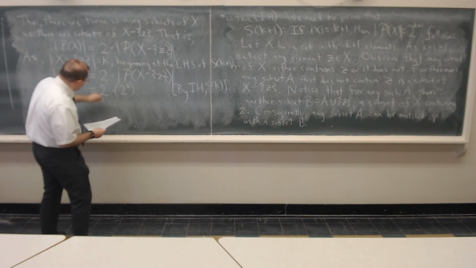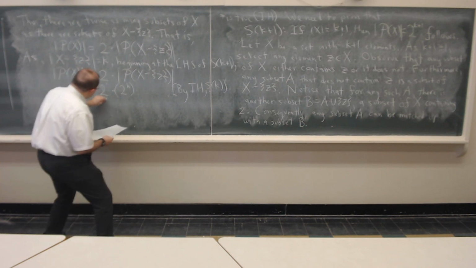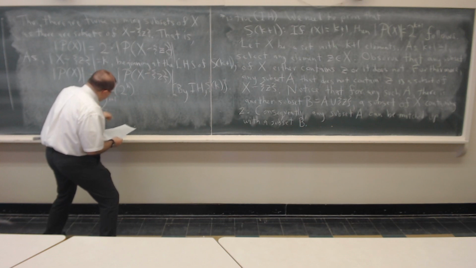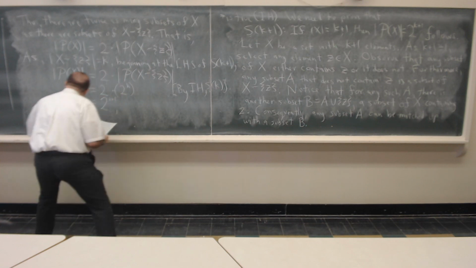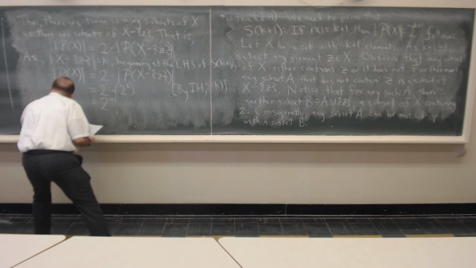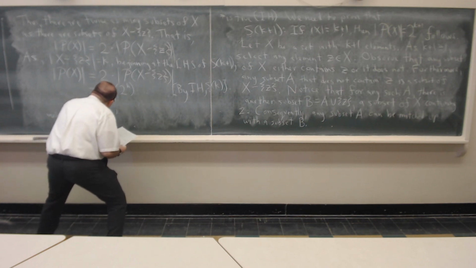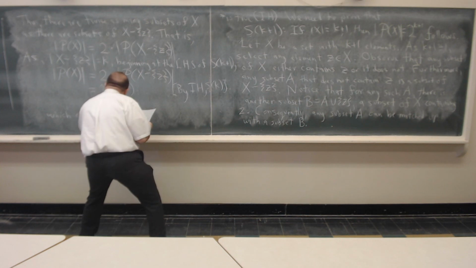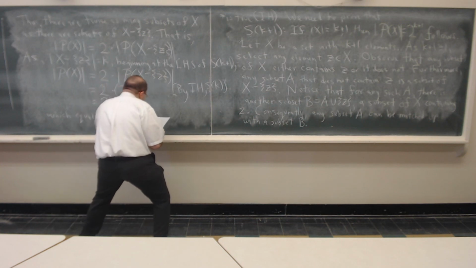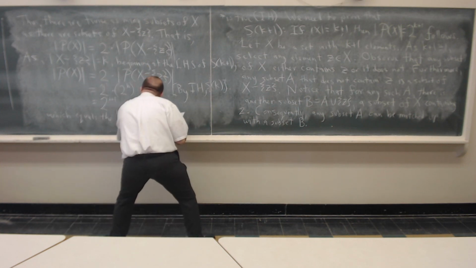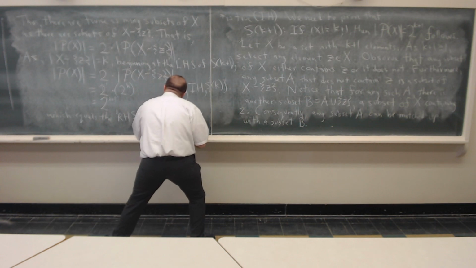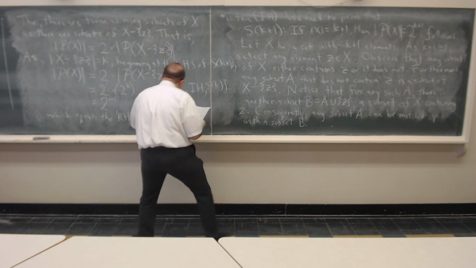I end up with 2 to the power of K plus 1, which equals the right-hand side of S of K plus 1, and S of K plus 1 follows.